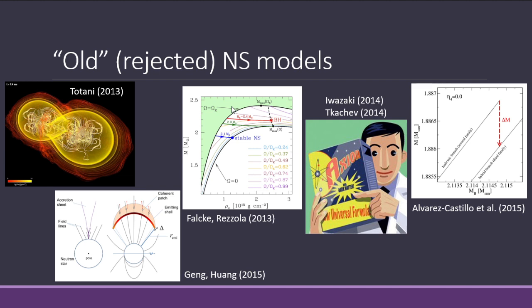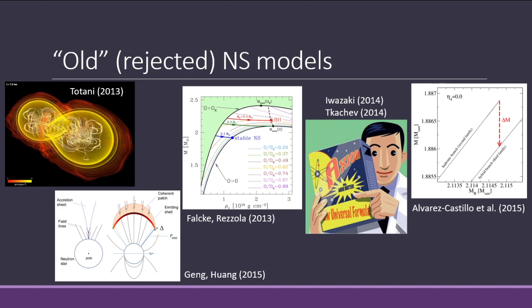Another mechanism, collapse of a so-called supramassive neutron star. After a coalescence, you can form a neutron star which is stable only because it is rapidly rotating. But as it slows down, and it happens quite quickly in hours or days, depending on the situation, it can collapse.